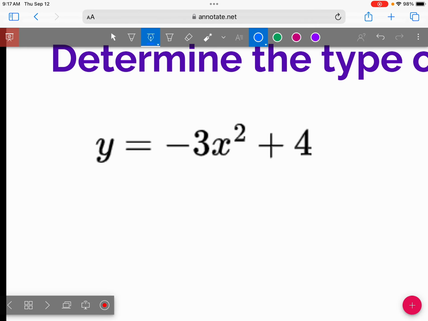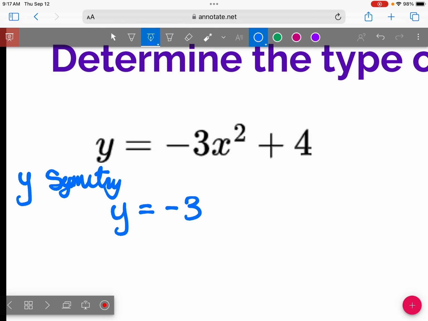So we're going to start with doing our y symmetry. That's when we replace our x with the opposite of x. So y equals negative 3 times the opposite of x squared plus 4. When I square a negative number, it's still going to be positive.